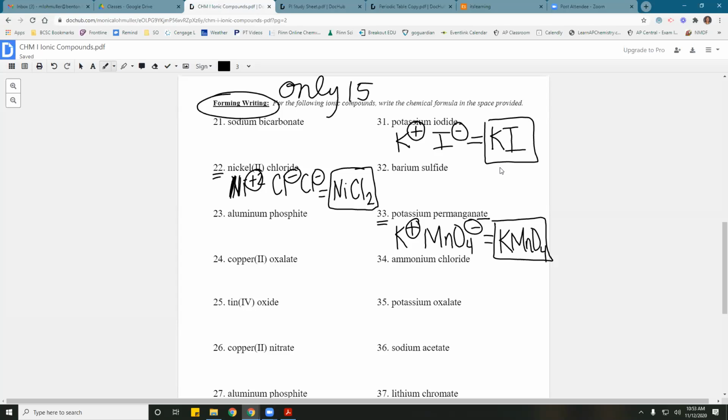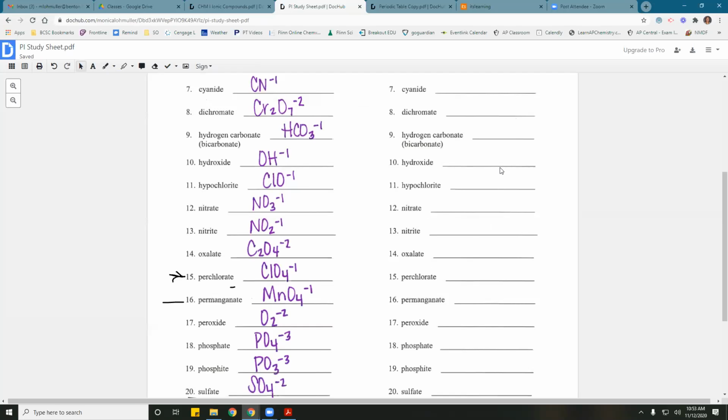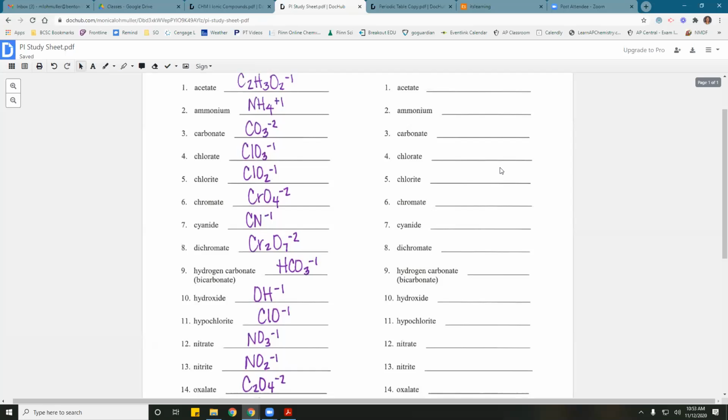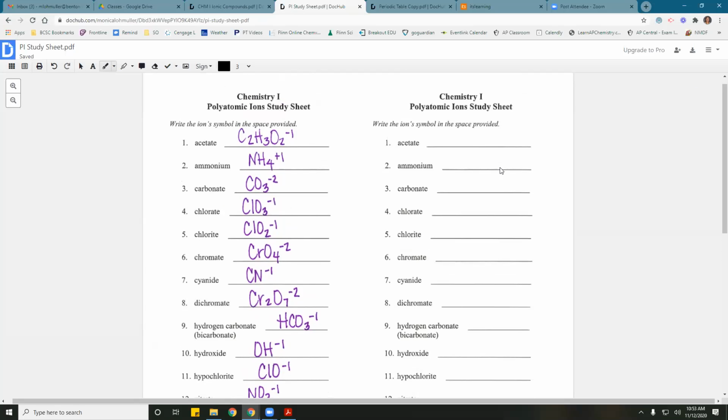Number 34, ammonium chloride. Ammonium with the -ium, that is actually the only positive polyatomic ion on the whole list. Ammonium is number 2 on this list, NH4 +1.